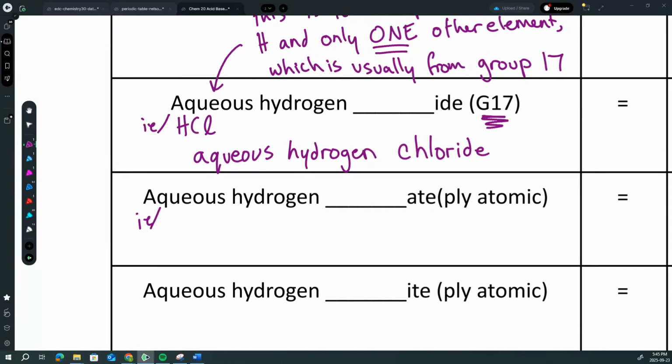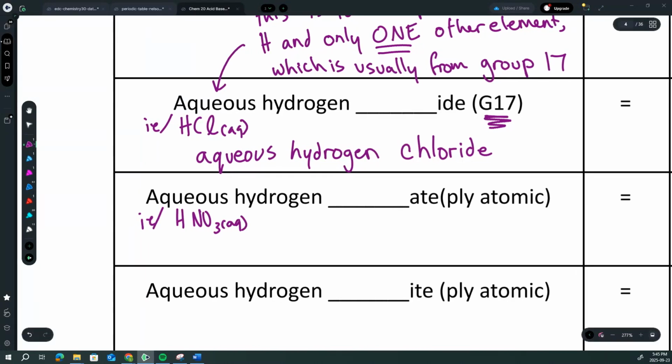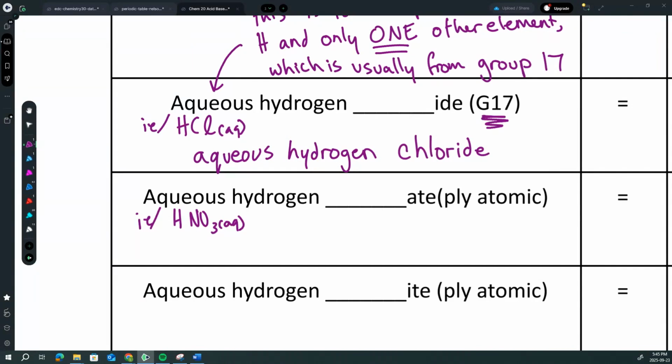So for example, let's say we have HNO3, which is aqueous, and I should have written aqueous for hydrochloric acid above. But using the IUPAC naming system, we would call this aqueous hydrogen nitrate.